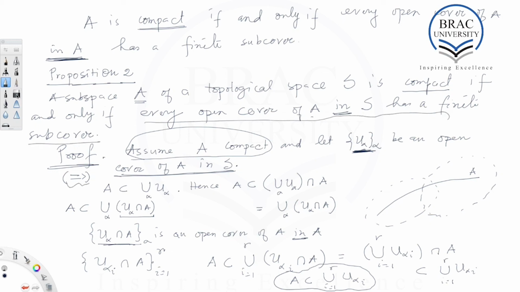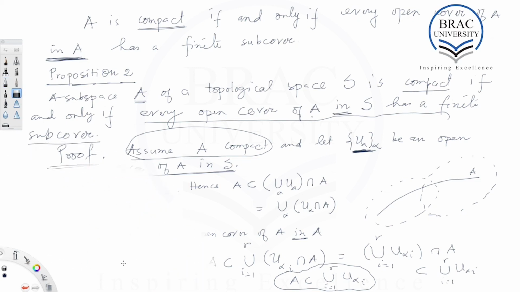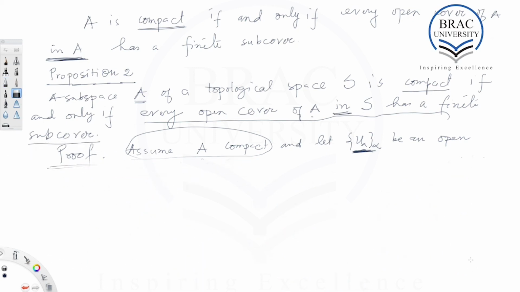Now for the other direction, we are going to assume now that every open cover of A in S has a finite subcover.